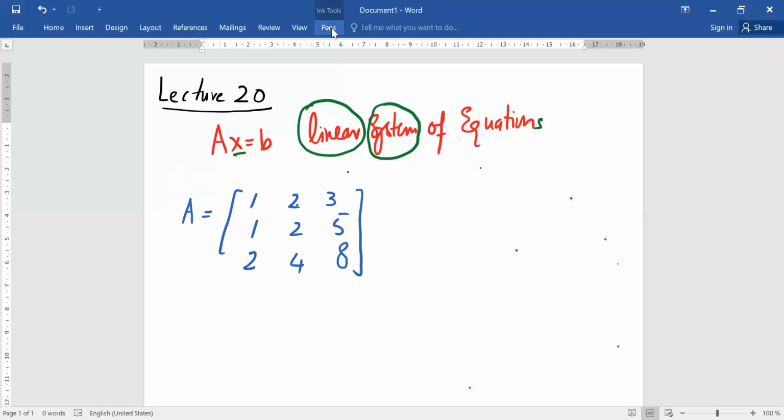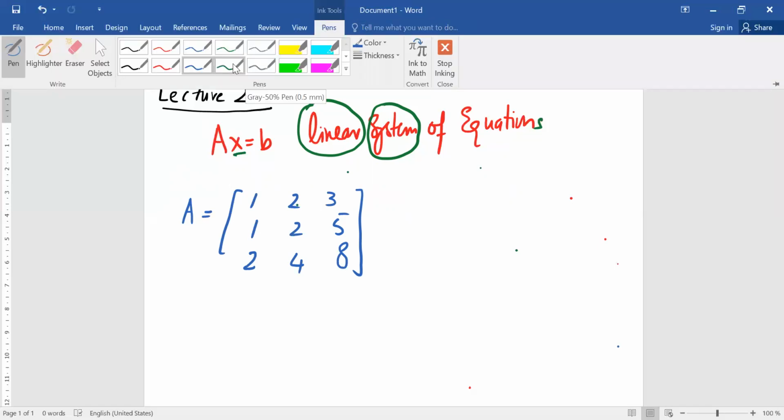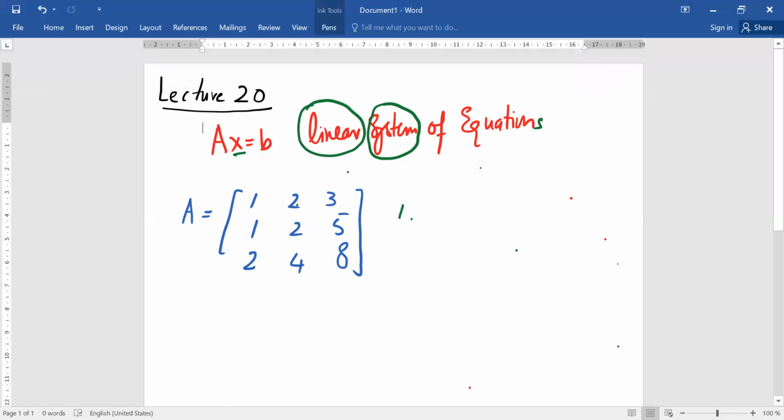Because the last row is actually a sum, so I will say R3 is a sum of R1 plus R2, and you can see it very clearly here. If you add these 2 rows, you will get the 3rd row.